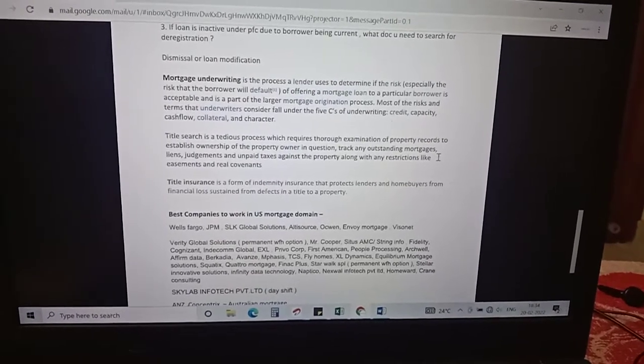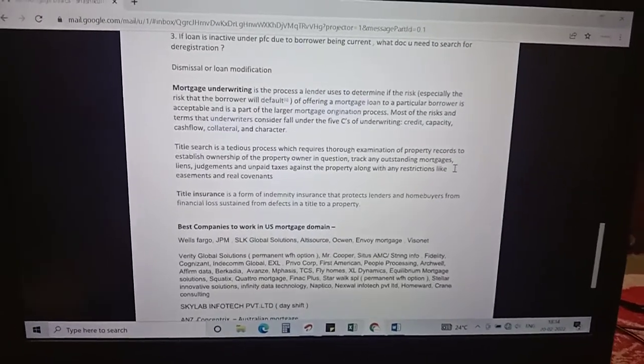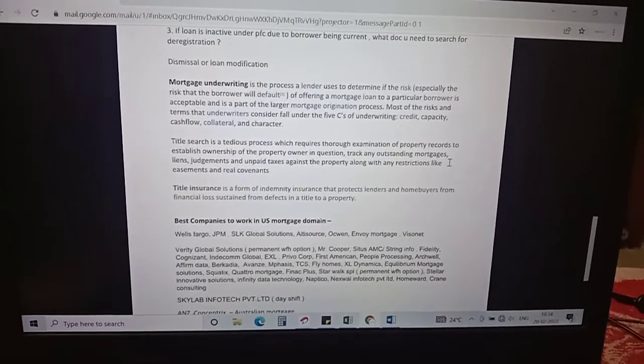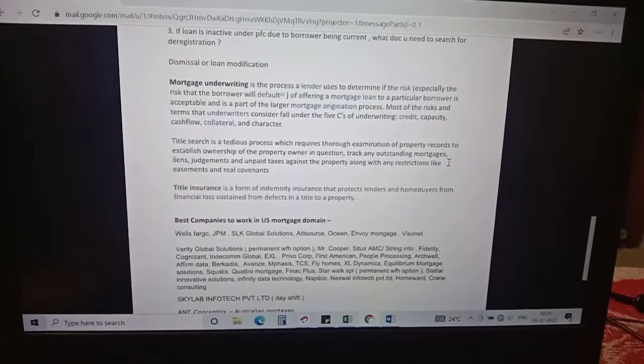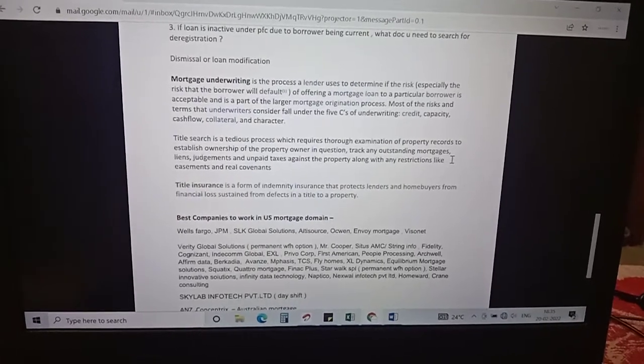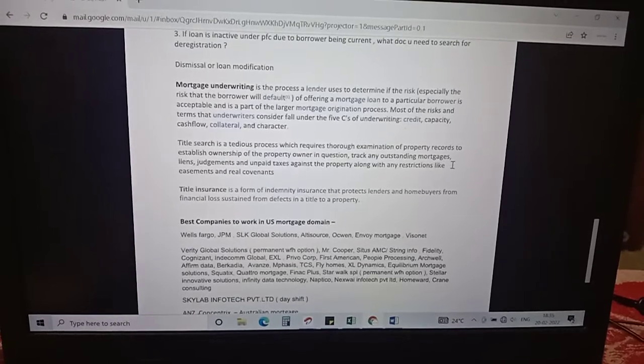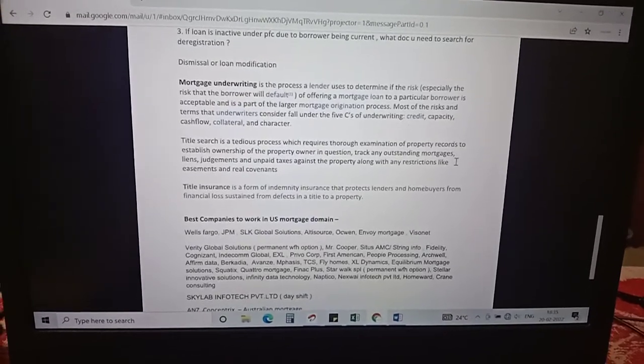Most of the risk and terms that underwriters consider fall under the 5 C's of underwriting: credit, capacity, cash flow, collateral, and character. In case you're attending interviews in US mortgage, this slide will help you.